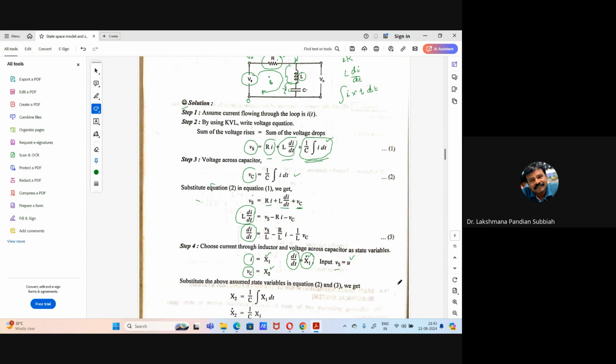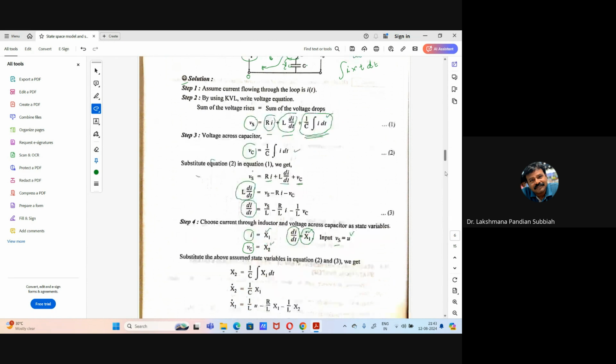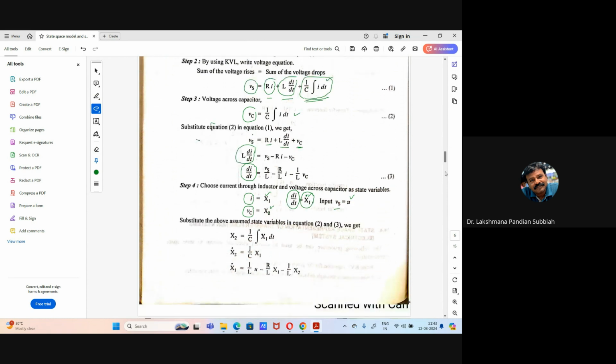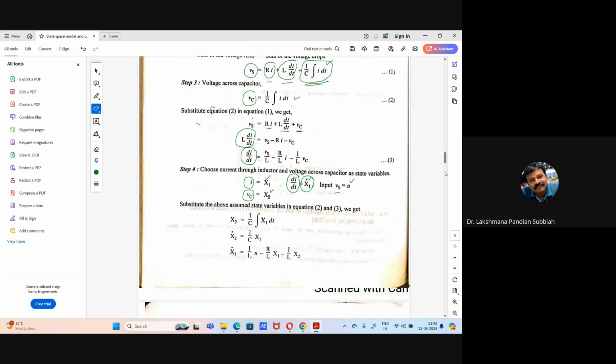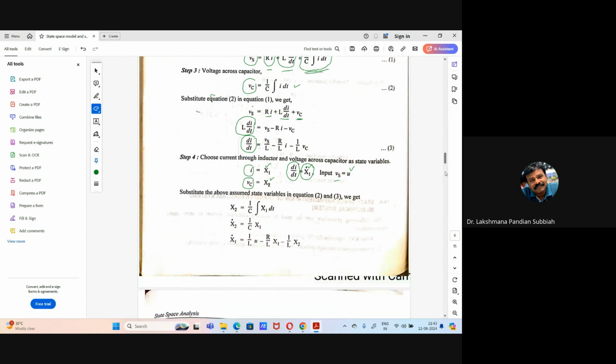Then we have to consider the output: the voltage across the resistance is the output. Now, what is x2 here? X2 is the variable, the voltage across the capacitance.